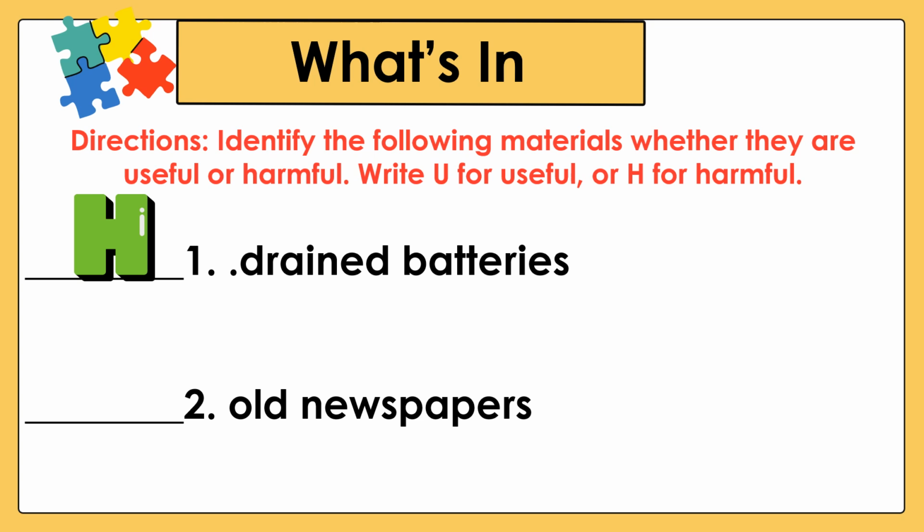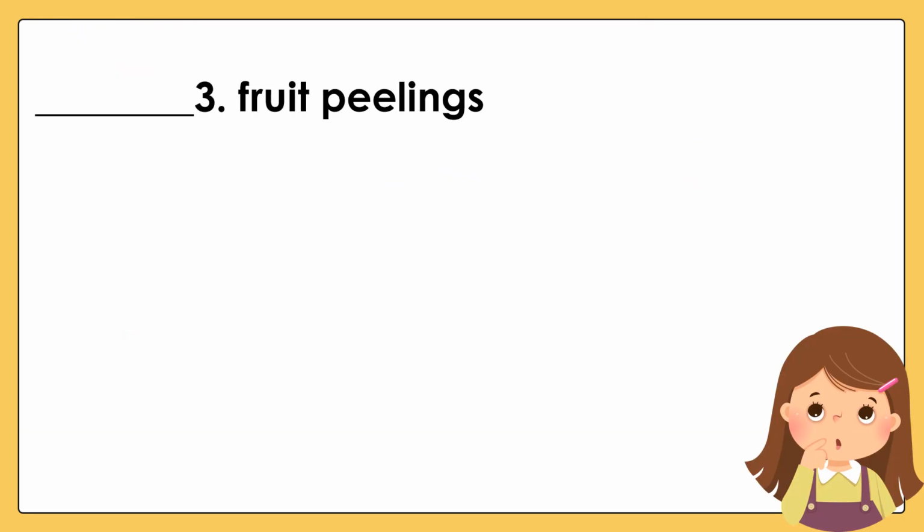Number 2, old newspapers. The answer is U, useful. Number 3, fruit peelings. The answer is U, useful.